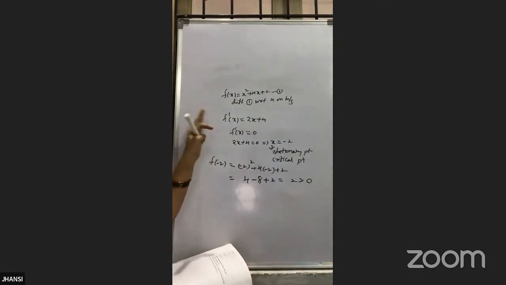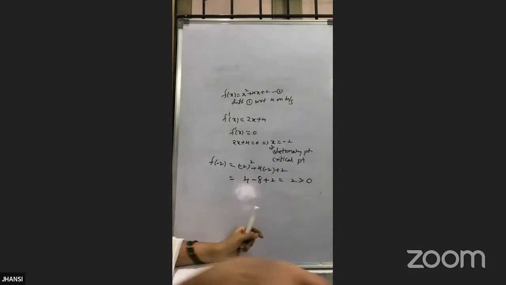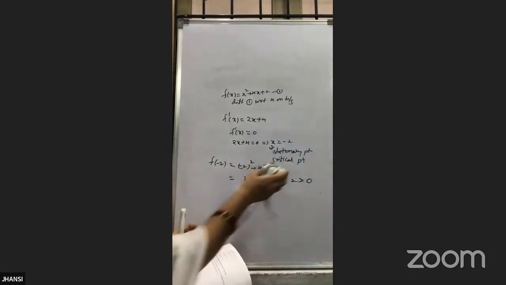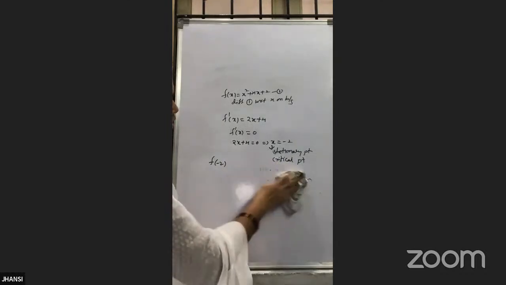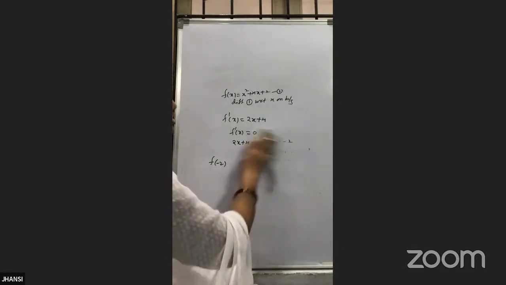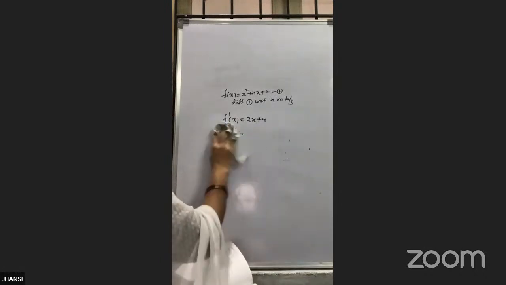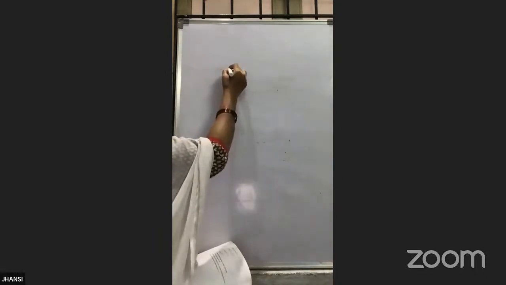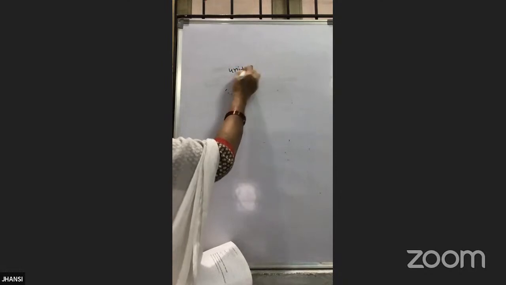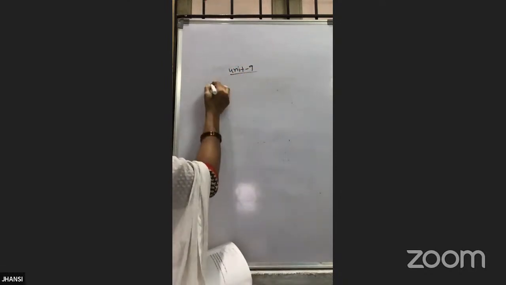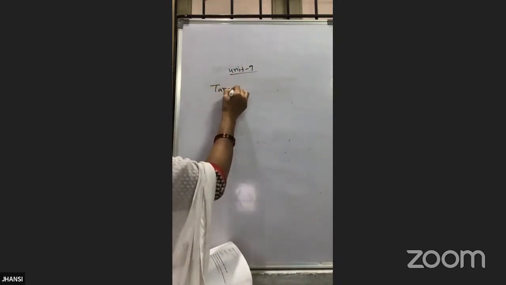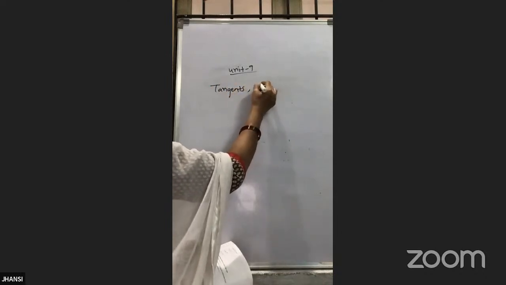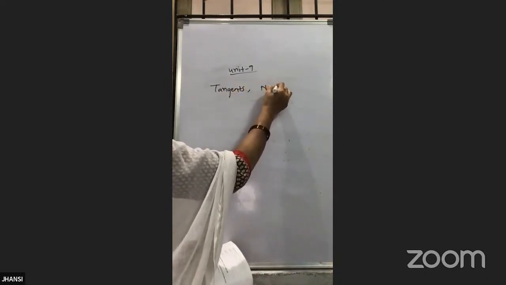So one concept is about the increasing function and decreasing function. After this, the important one in this unit, the 9th unit, is tangents and normal. These two make the 7th question, and you will compulsorily get a 5 marks question on this. Unit 9: the concept of tangent and also normal.